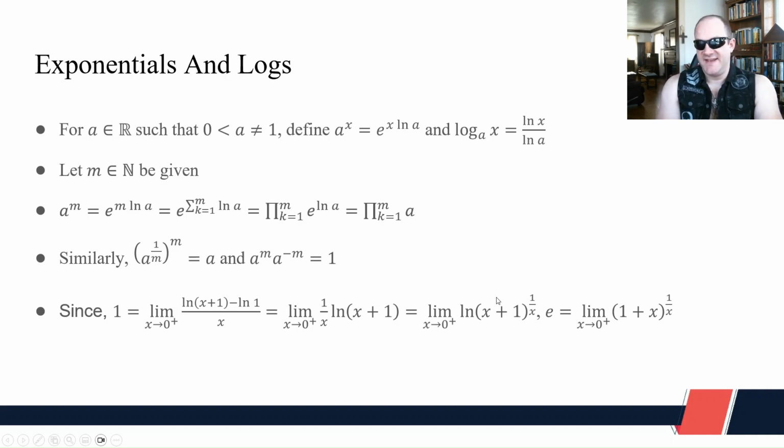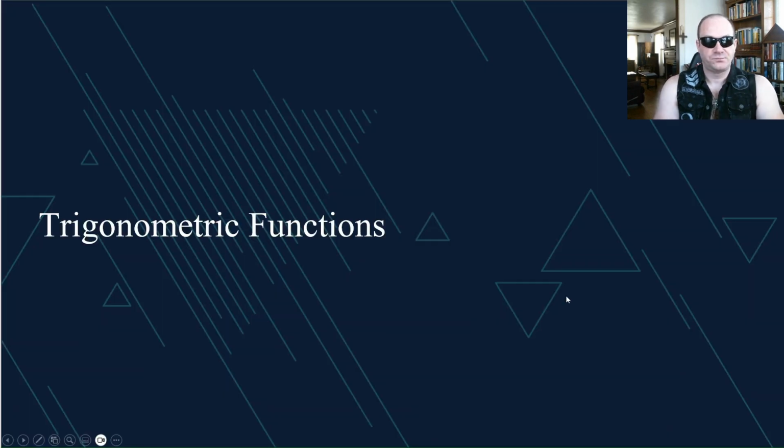Because the function is continuous, that allows you to exponentiate both sides. When you exponentiate 1, you get e. And when you exponentiate this side, you get this representation for e. And that is how you recover your intuitive properties of exponentials and logs from the original definition of a series, using a series for e to the x.